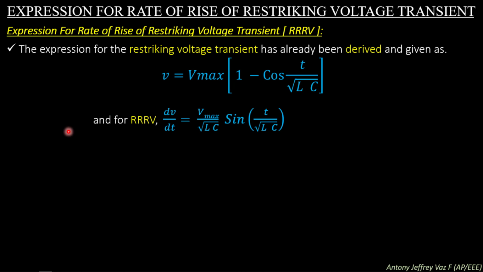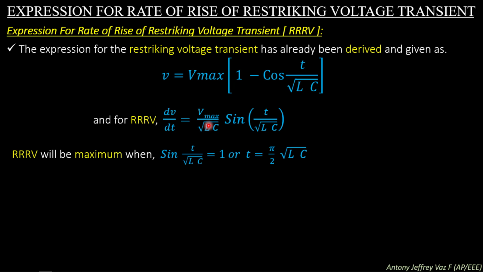And the rate of rise of restriking voltage can be obtained by differentiating the restriking voltage transient. So dV by dt is equal to V max divided by root of LC into sine t by root of LC. So the expression for RRRV is this one.